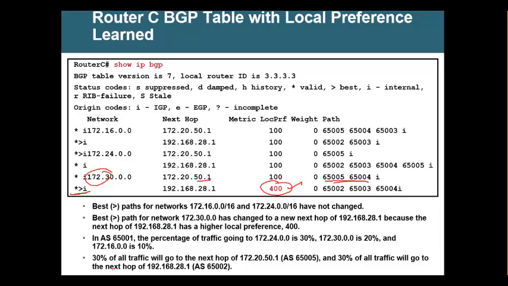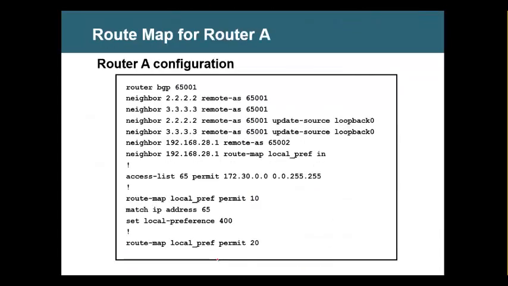So 30% of traffic's next stop is Y, and 70% of traffic's next stop is X. Load balancing is achieved. We used an access list and a route map.